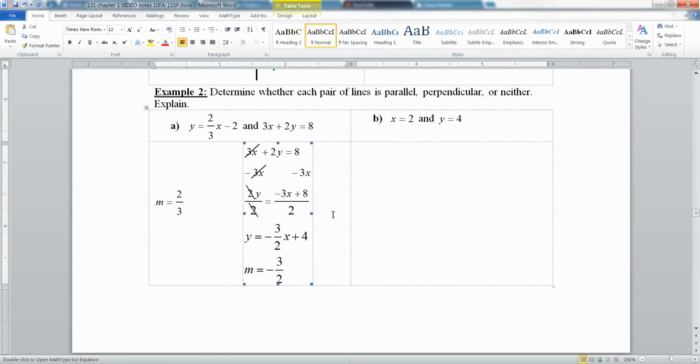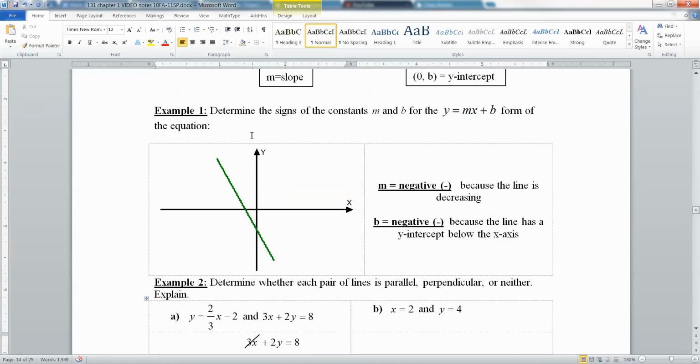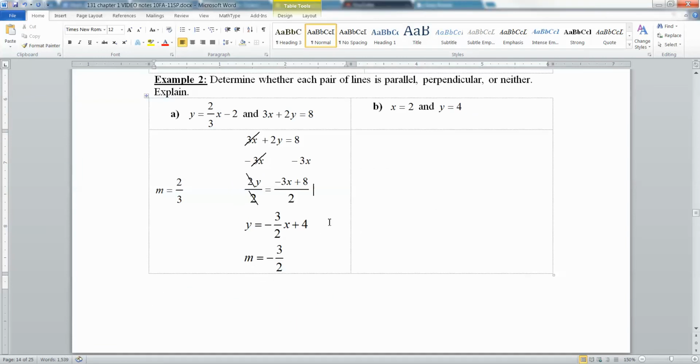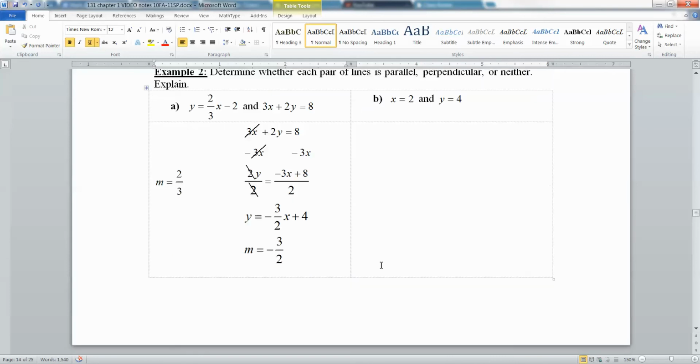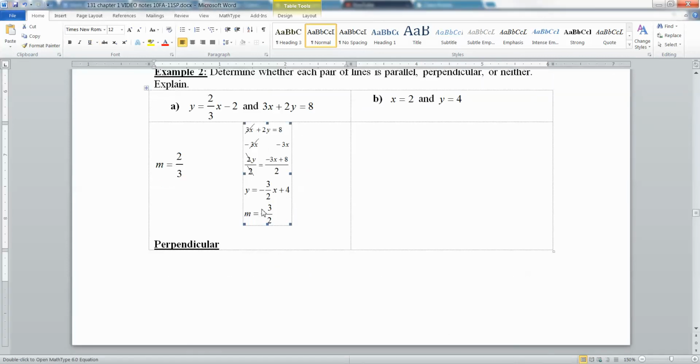All right. Now, since we know that m is equal to negative 3/2, that helps us, because if the one slope is 2/3 and the other slope is negative 3/2, that means that these lines are perpendicular. Sorry, I had to make that work smaller.